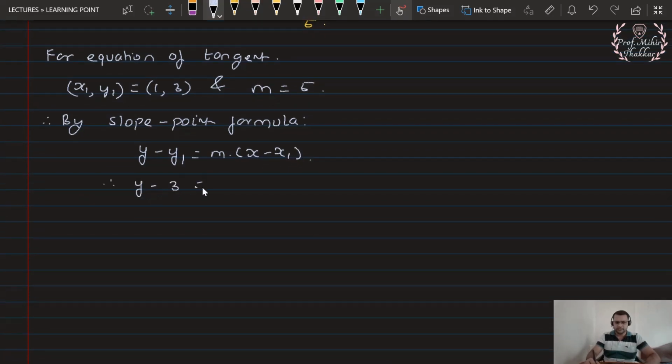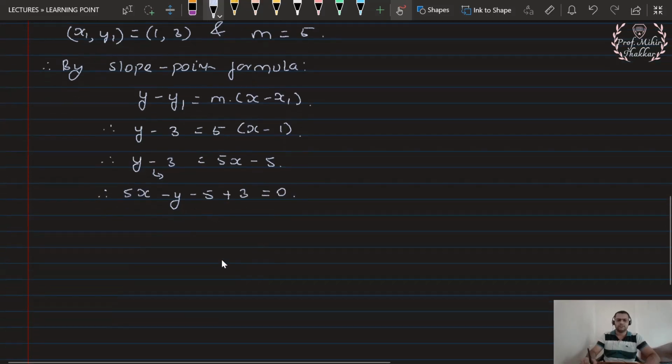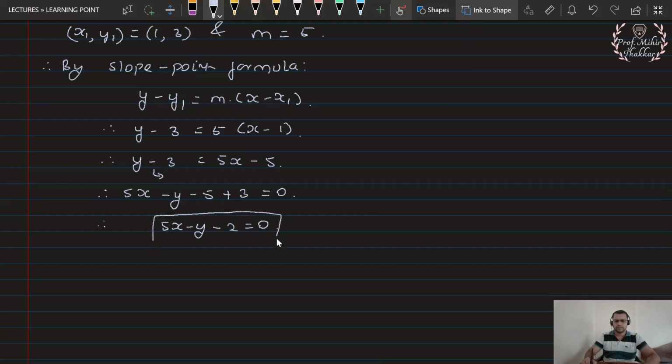Therefore y minus 3 is equal to 5 into x minus 1. So y minus 3 is equal to 5x minus 5. Take these both elements on the opposite side, so their sign will change, and you will get over here 5x minus y minus 5 plus 3 is equal to 0. So that becomes our required equation of the tangent.